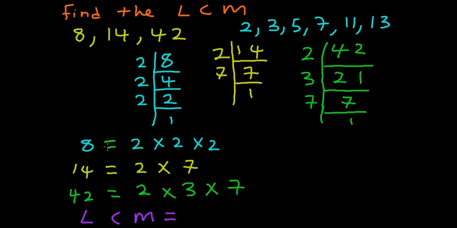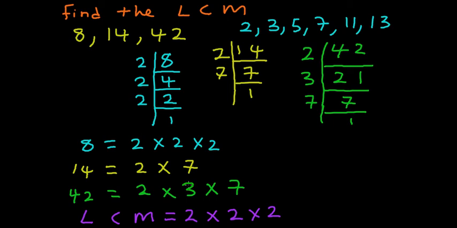In the factors of 8, 2 is appearing 3 times. Then in 14 we have it appearing just 1 time. In 42 we have it just appearing 1 time. So appearing 3 times is the highest, so we bring that down: 2 times 2 times 2. That comes into the LCM.